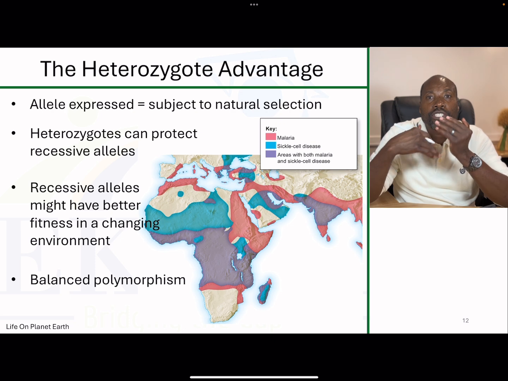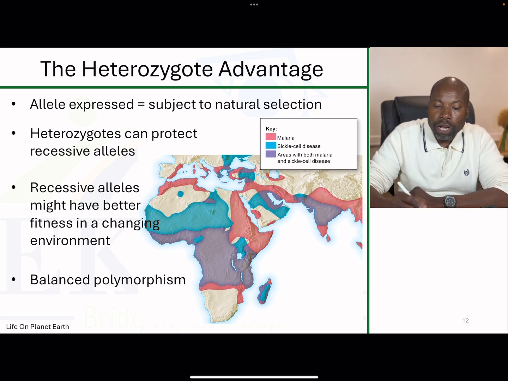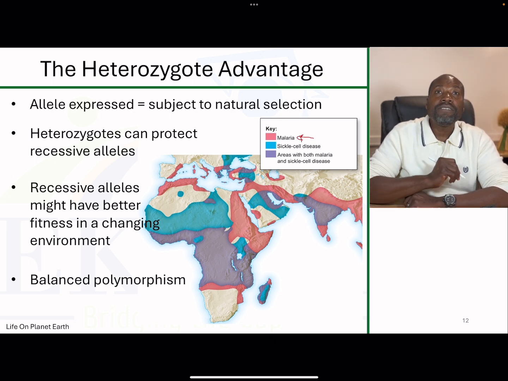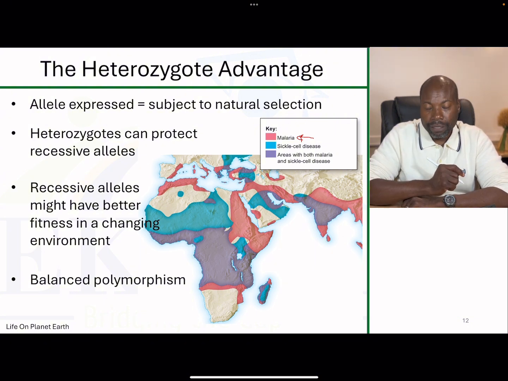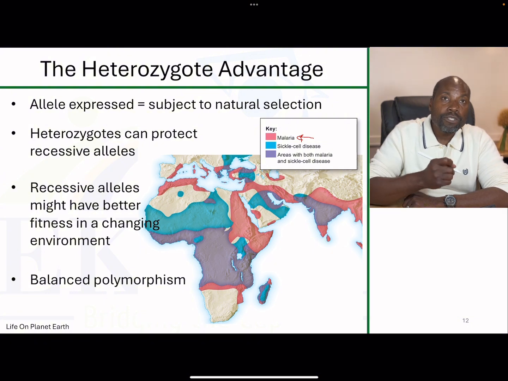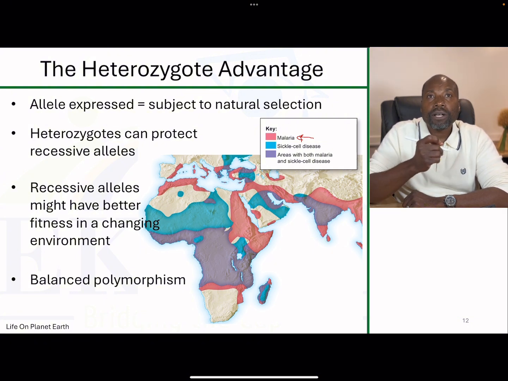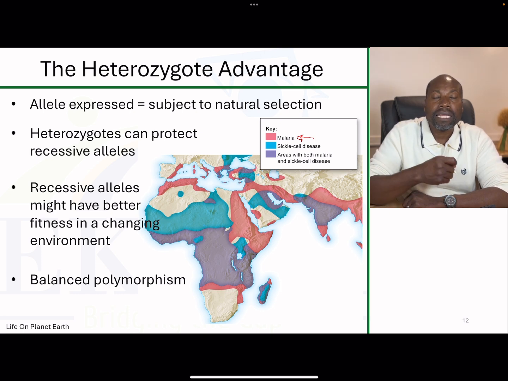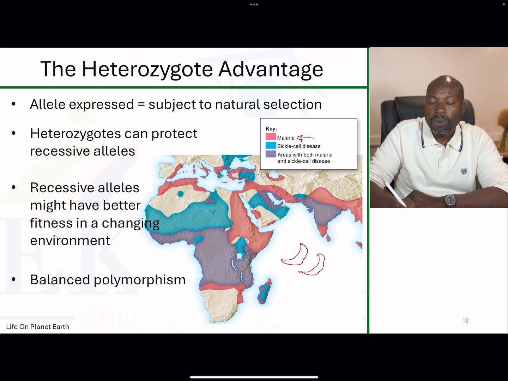Now, it is shown that in presence of malaria, individuals who are heterozygous, who have the sickle cell trait, are able to withstand malaria compared to individuals who are homozygous recessive, meaning they have sickle cell disease, so their cells in the blood, instead of being round shaped, are going to be like this, okay? They're going to be sickled.